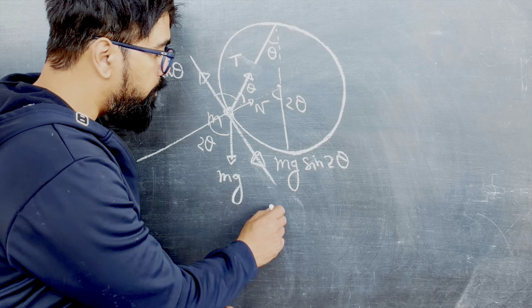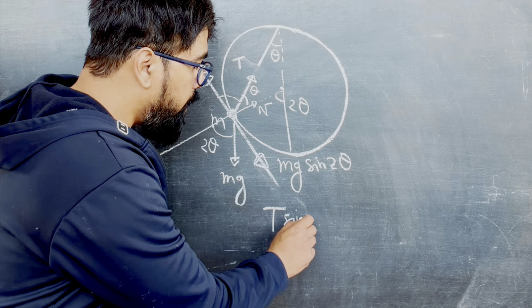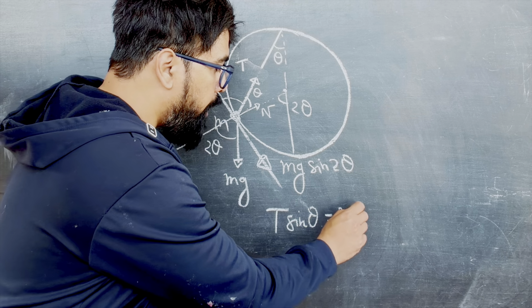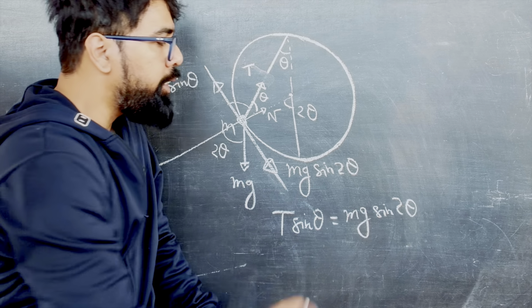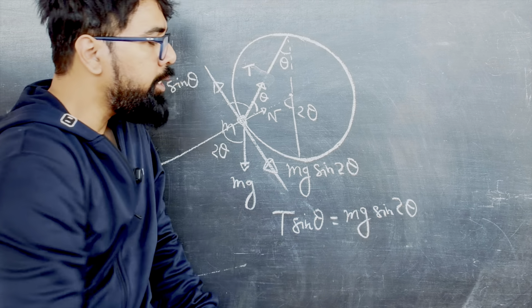So T sine theta equals mg sine 2 theta. Now resolve sine 2 theta as 2 sine theta cos theta and cancel the sine theta. So T comes out as 2 mg cos theta.